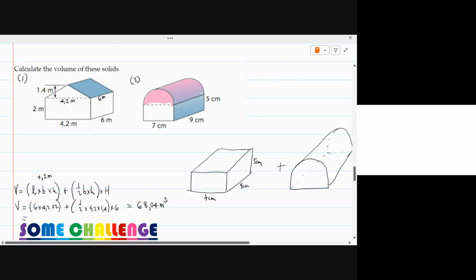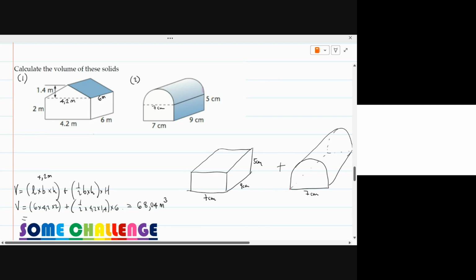All right, so we can then translate some things. I know that if this part over here is 7 centimeters, this part over here is also 7 centimeters, and that's that part of my half circle. But I know that this part from there to there of my half circle is actually the diameter of my circle.